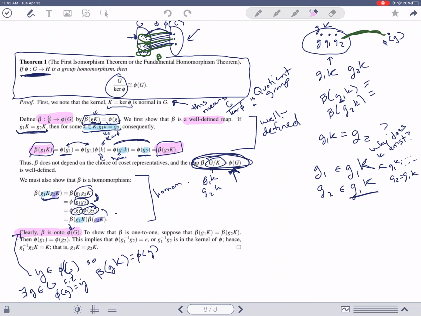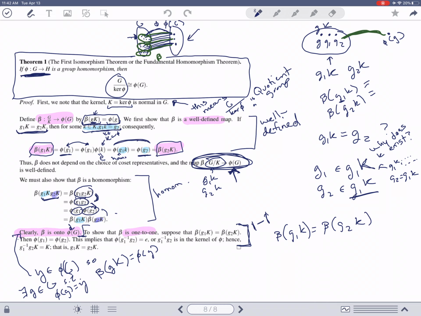Then the last piece, we have the one-to-one, and we can see that this is kind of condensed down. But everything besides this original little clearly part here is our one-to-one section. And let's see what's going on. So they set up beta of one coset equal to beta of another.